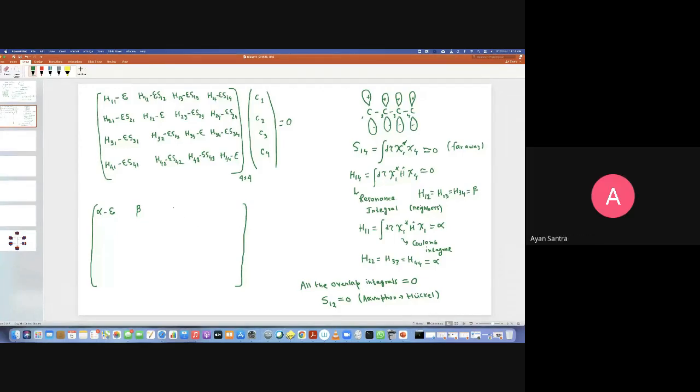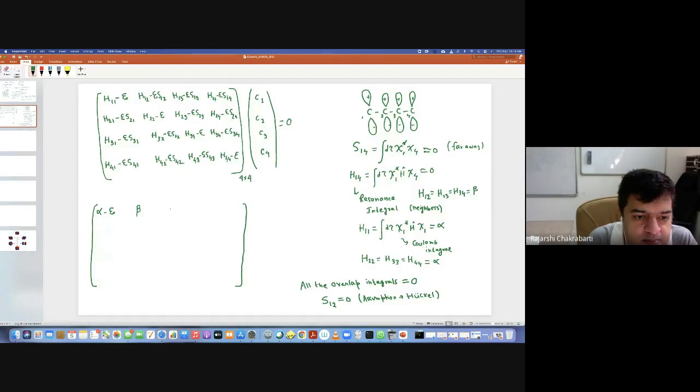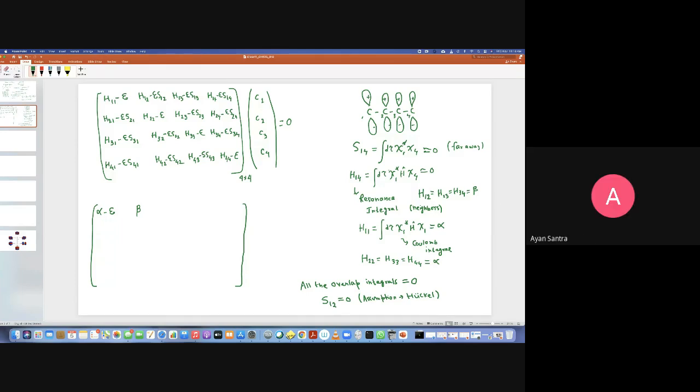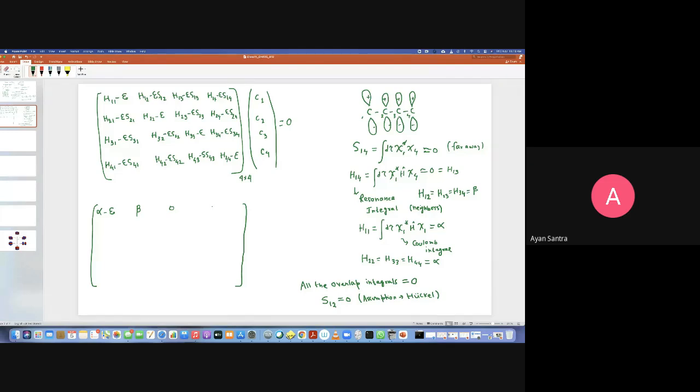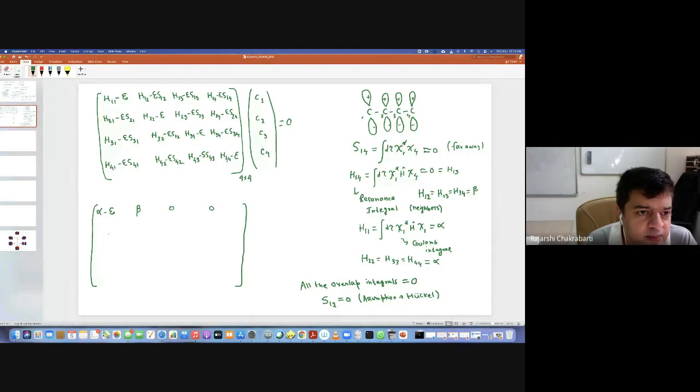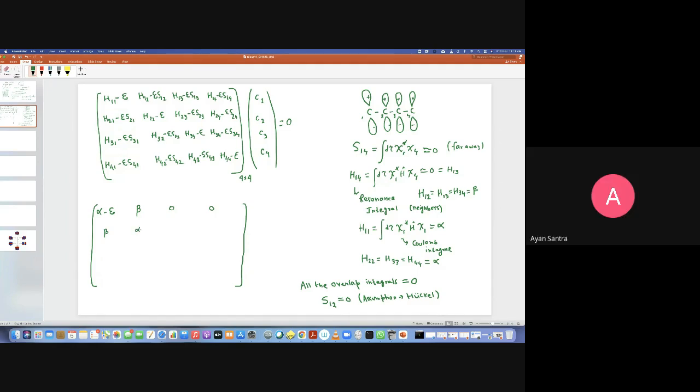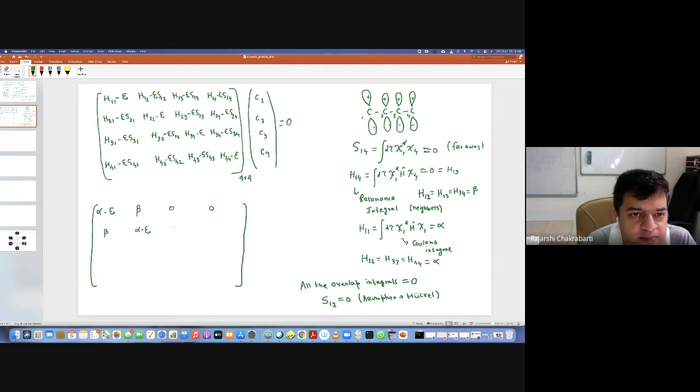What about H13? 0, because this is true for H13 also. The fourth term is also 0. Now H21 minus epsilon S21 will be beta. The next one, H22, is alpha, so alpha minus epsilon. The third term, H23, is beta. The fourth term is 0.